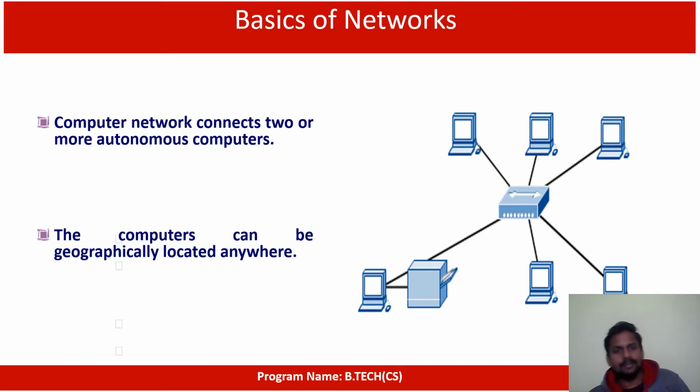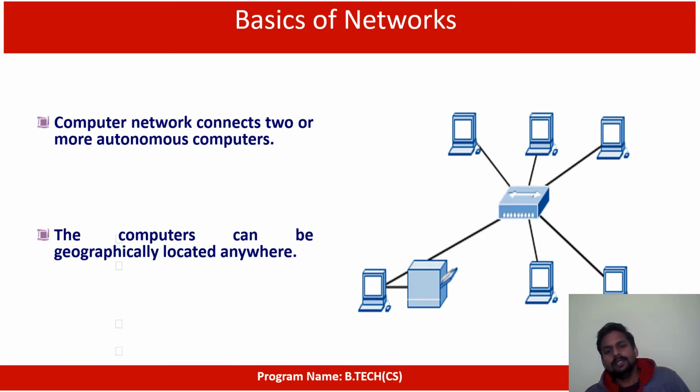So if any devices are able to share some information, then we can say those devices are under a network environment. And in the second point, they are telling us that the computers can be geographically located anywhere. Now we know that we simply communicate with our friends or relatives who are not nearby, and they may reside in other countries or outside the state, wherever they are, but we are able to communicate with them, right?